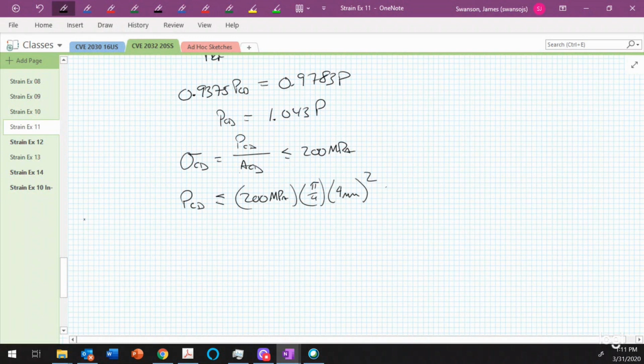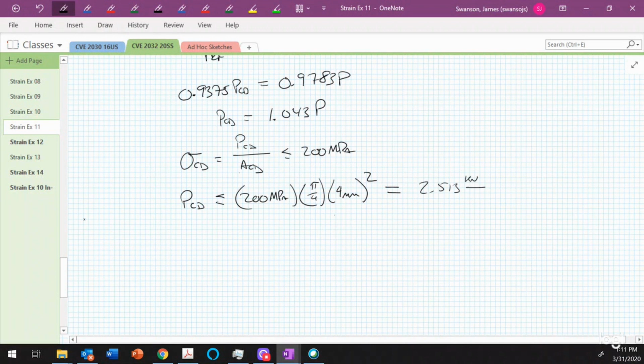So then we can say that P sub CD is equal to 4 times pi, and then I convert 200 megapascals to 0.2 gigapascals. And that gives me 2.513 kilonewtons.